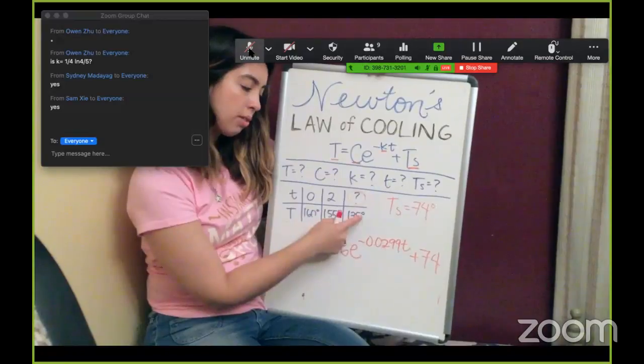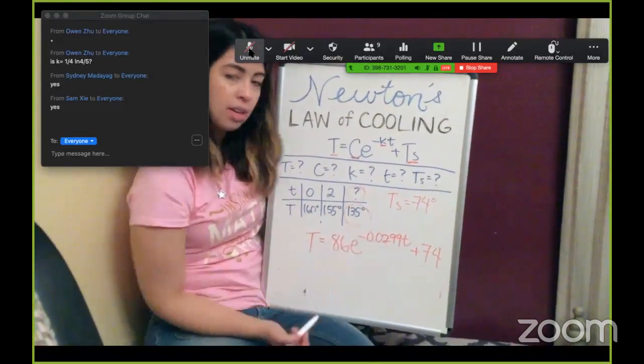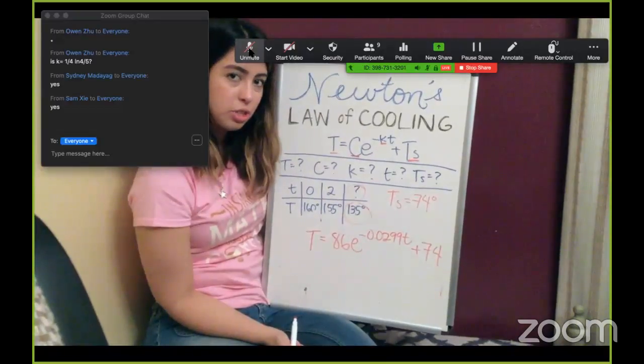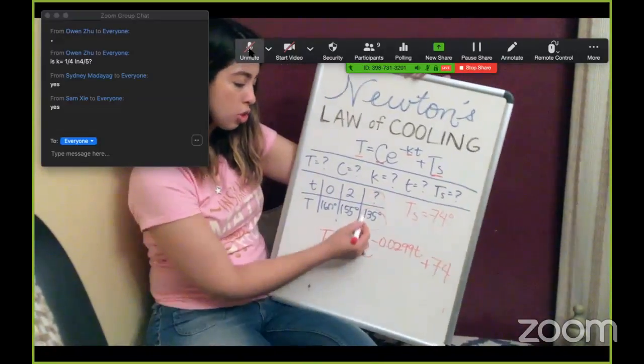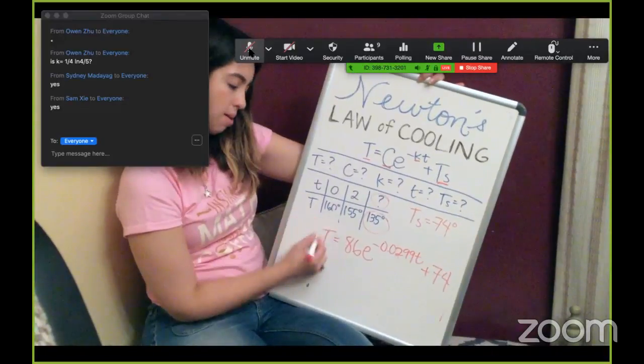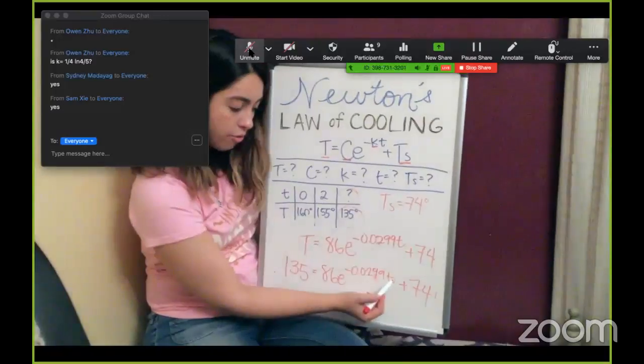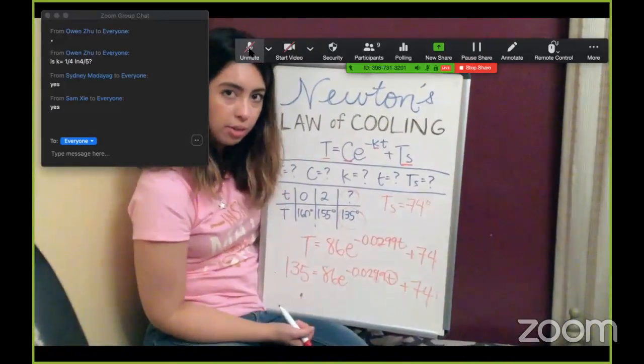My goal is to figure out how long will it take for me to finally take a sip when the coffee reaches 135 degrees. So I'm going to take 135 degrees, plug that in for my T, and I will need to solve for that t value there.